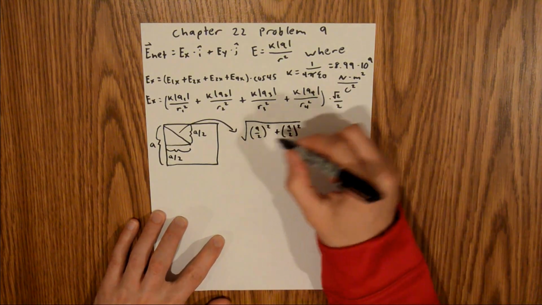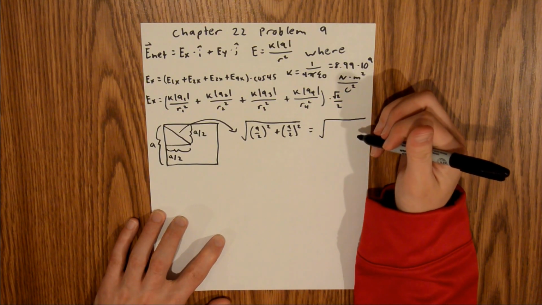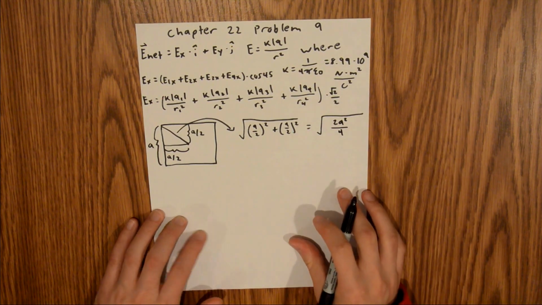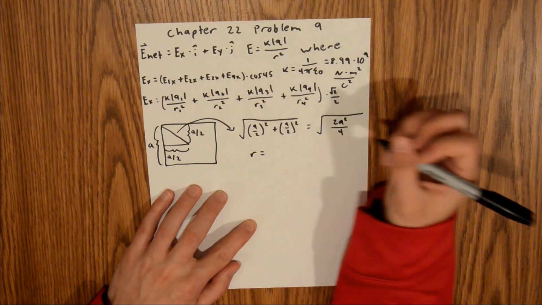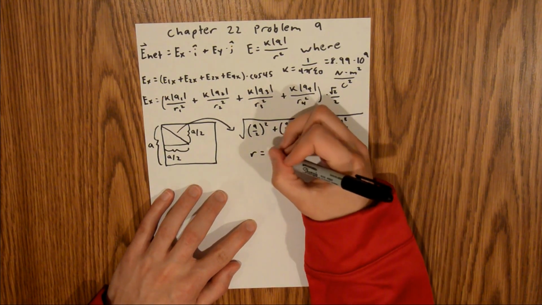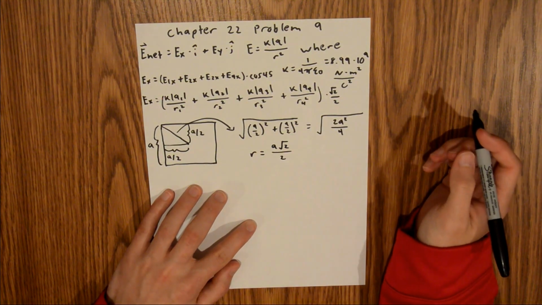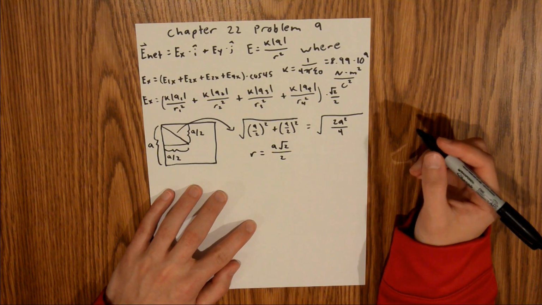And if you multiply those out, this should end up being the square root of 2a squared over 4. And so if we just simplify that a little bit, our r value is going to be equal to a root 2 over 2. And in the problem we are given what the value of a is, which is 5 centimeters.